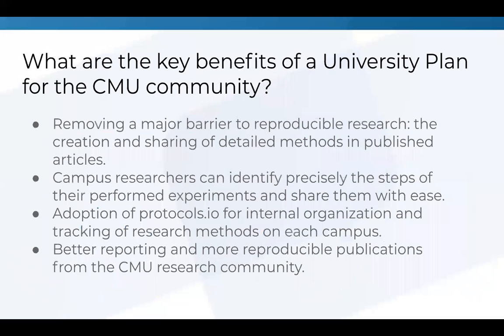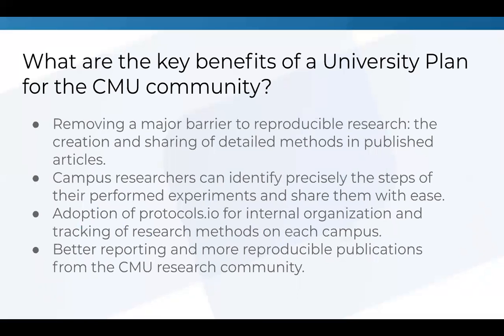So what are the key benefits of the university plan for the CMU community? With this plan, we're removing a major barrier to reproducible research. The creation and sharing of detailed methods in published articles is one key benefit. Also, campus researchers can identify precisely the steps of their performed experiments and share them with ease.